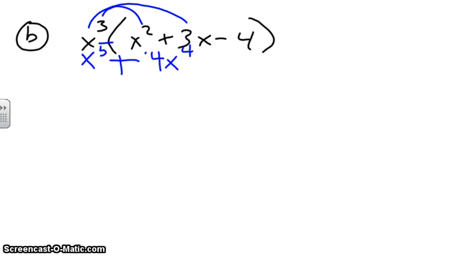What's the coefficient that goes in front of this number here? Okay, so what is 1 times 3? 1 times 3. 3.